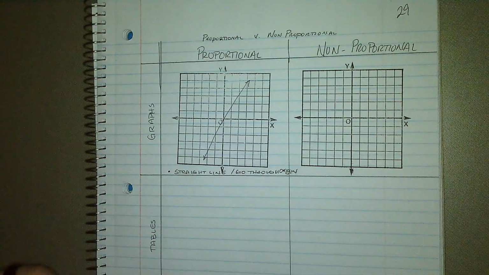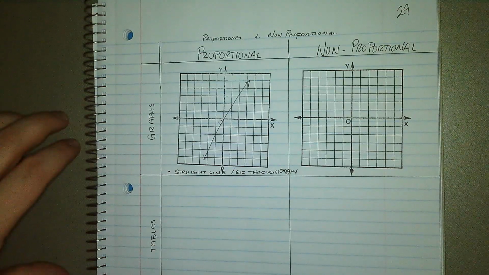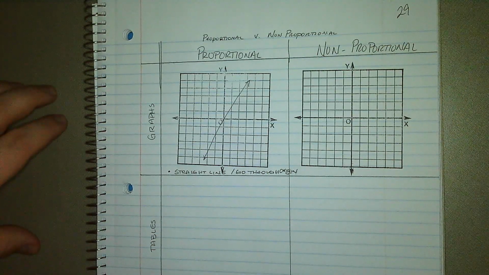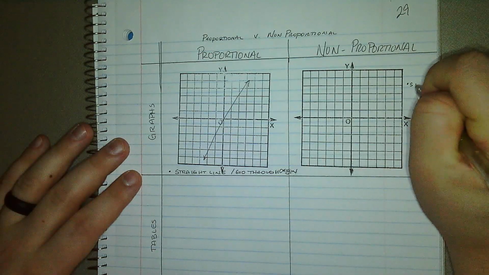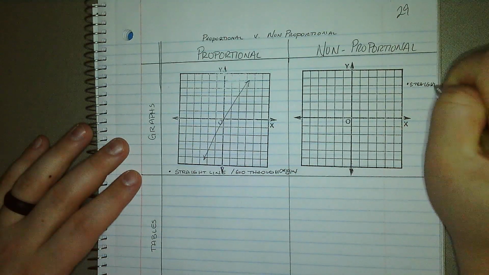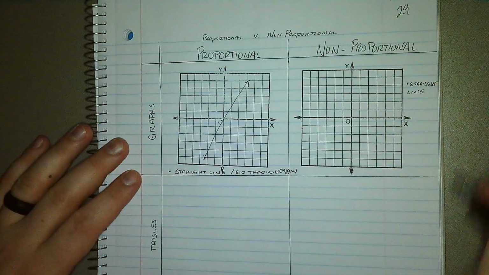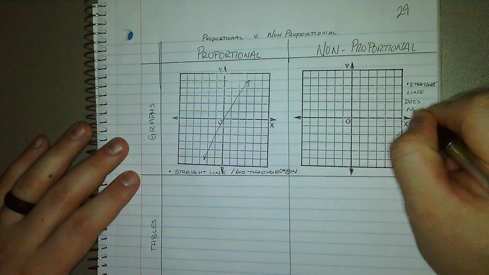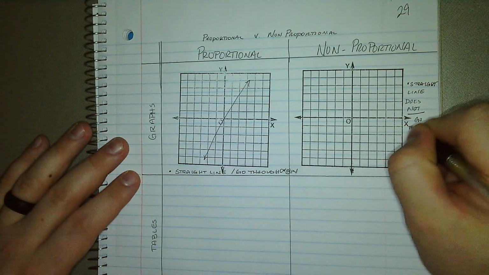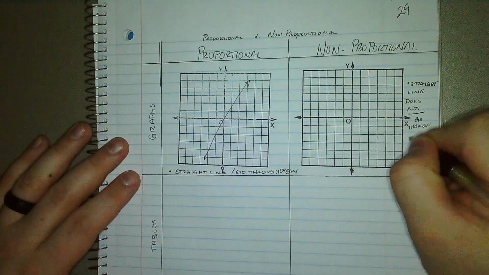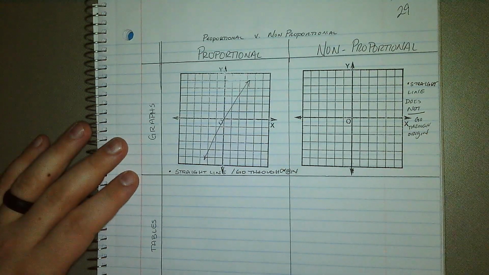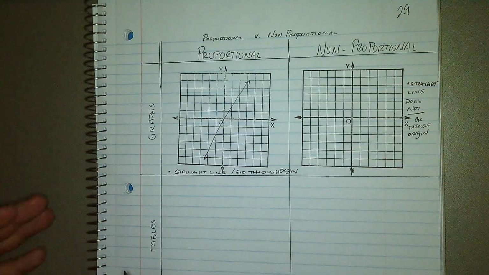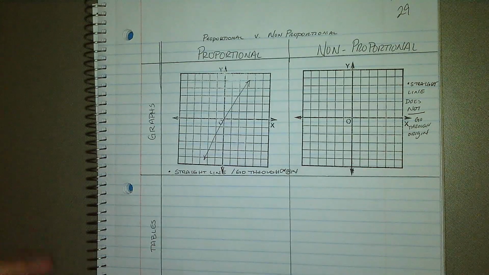To be non-proportional, it has to fail one of those two criteria, but more specifically, right now, what we're going to be used to seeing is a straight line that does not go through the origin. So looking at graphs, if it goes through the origin and it's a straight line, proportional. If it's a straight line but does not go through the origin, it's non-proportional.